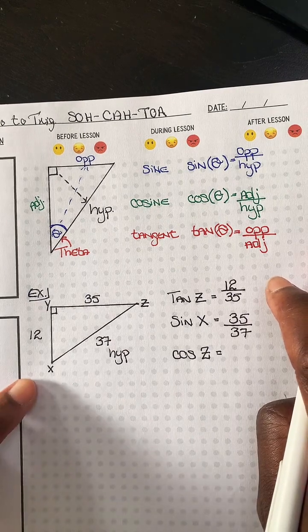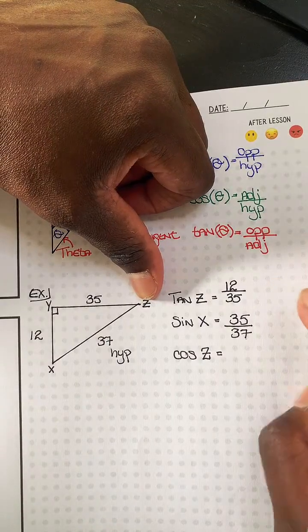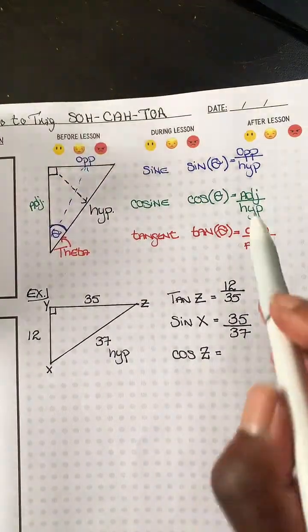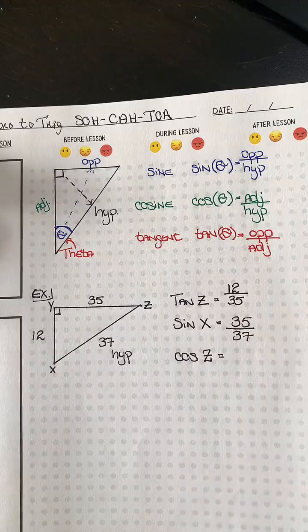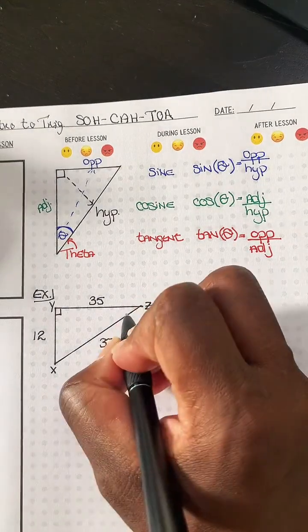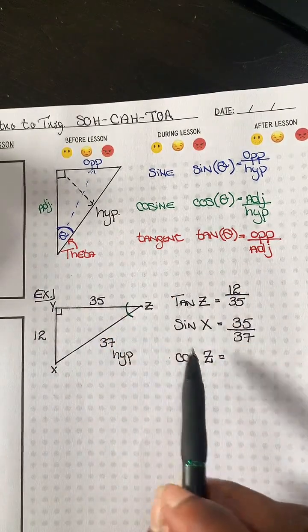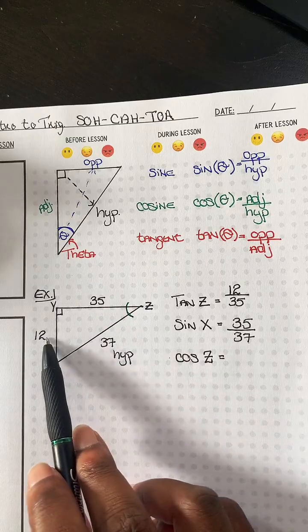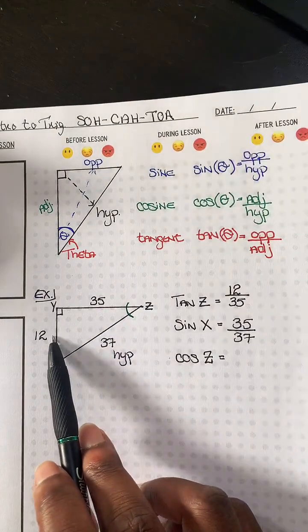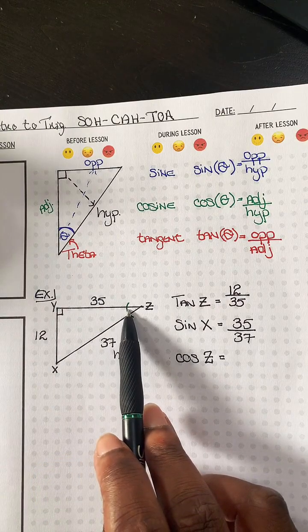So, if I'm looking at angle Z, that's this one up here. Cosine is the adjacent over hypotenuse. Okay, so if I'm using angle Z, my adjacent is not going to be 12. The 12 is my opposite. That's sine. So we're looking at cosine.